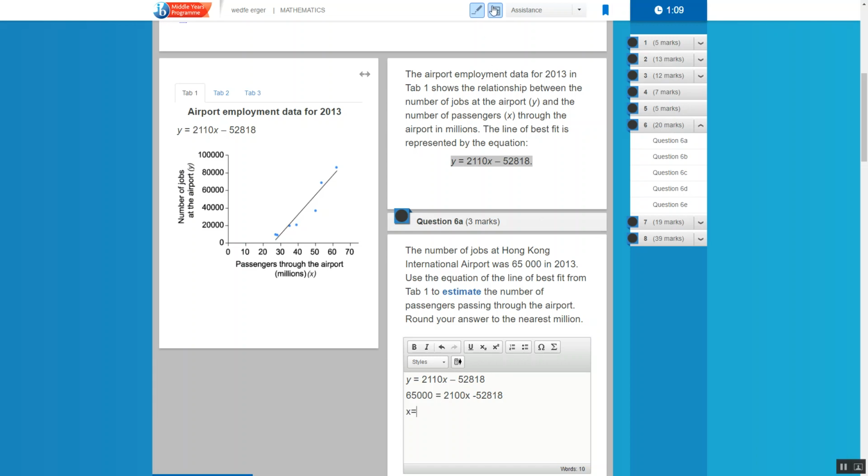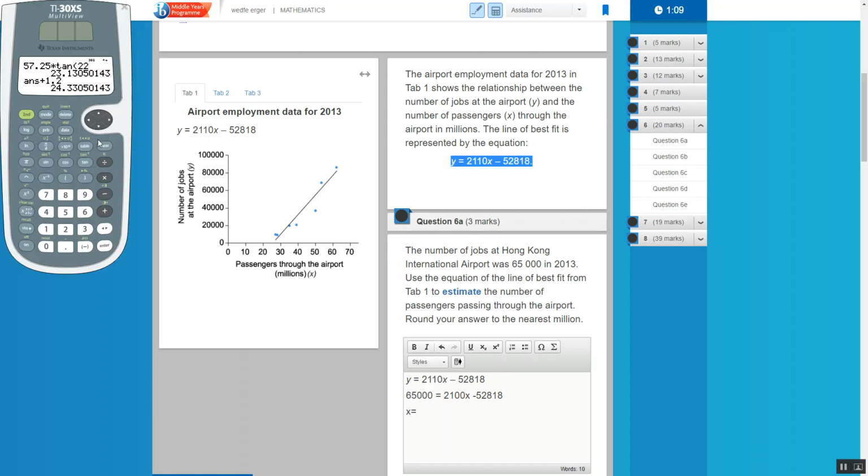I can just go straight to the calculator, put in 65,000. I'm going to add on 52818 and then divide by 2100.